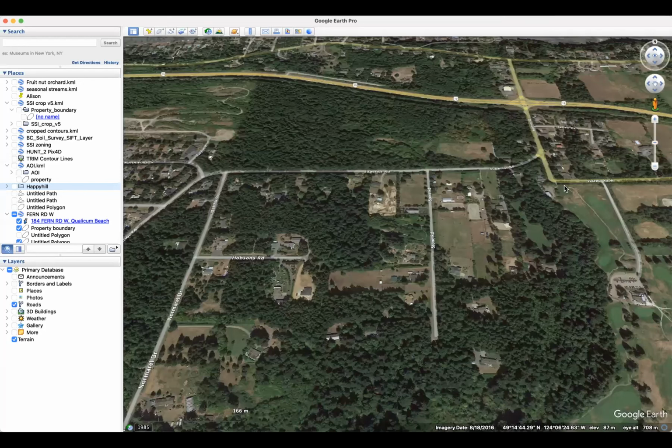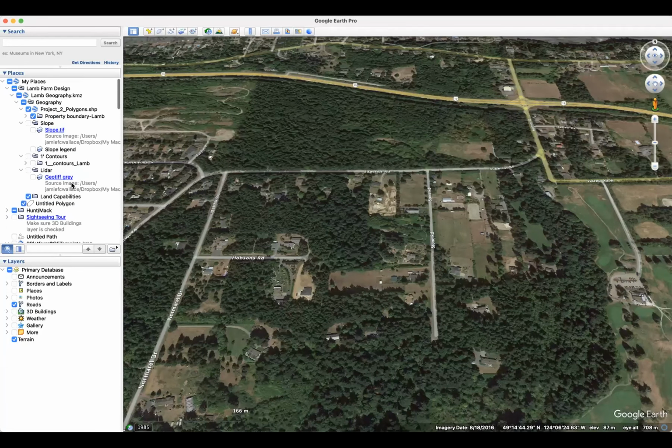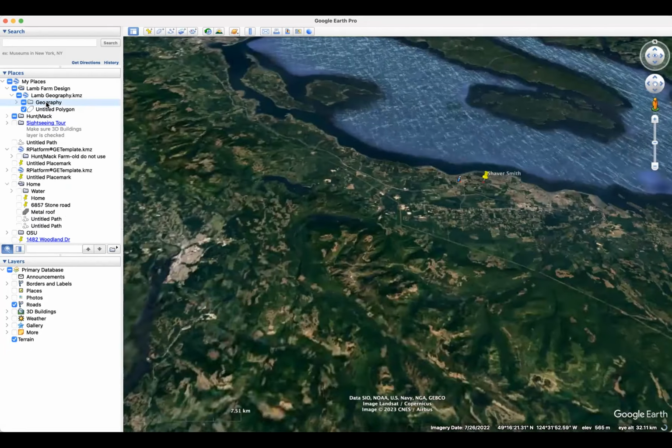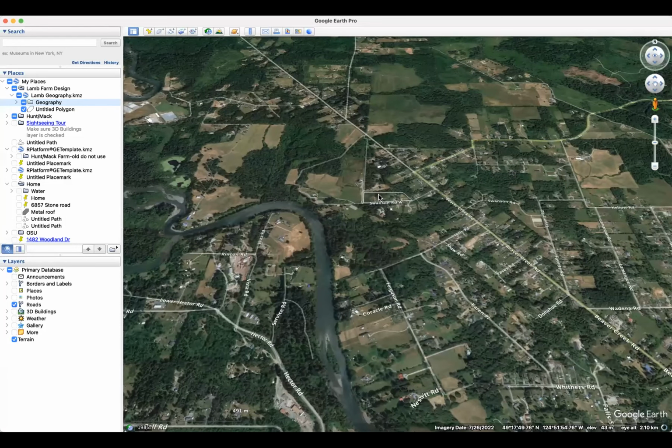This is a tool we use in our work, and we don't really use it for design, but I'll show you what we do use it for. I'll just go to a project site we're working on.